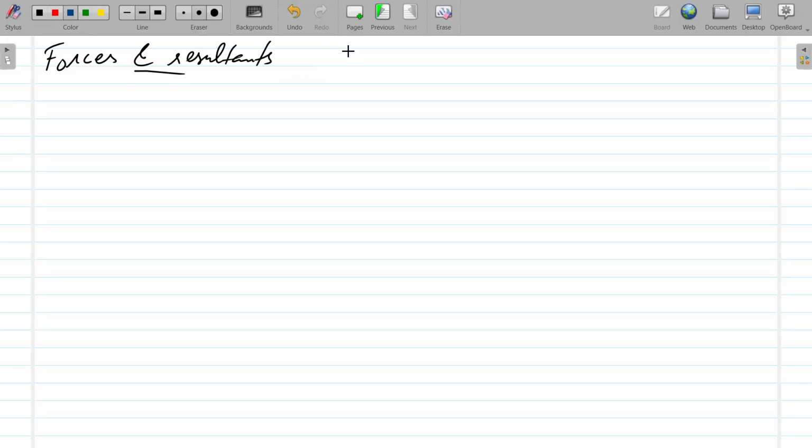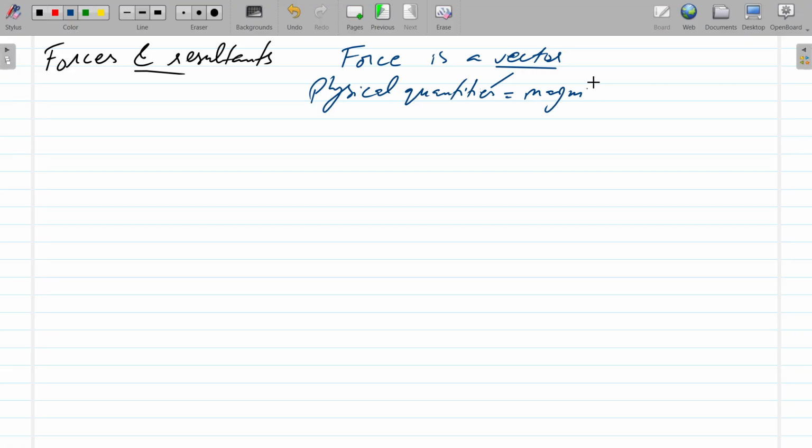Now, one thing we need to keep in mind is that a force is a vector. And vectors, as we've talked about earlier on, are physical quantities with both magnitude, so how big it is, what the size of the physical quantity is, and a direction.